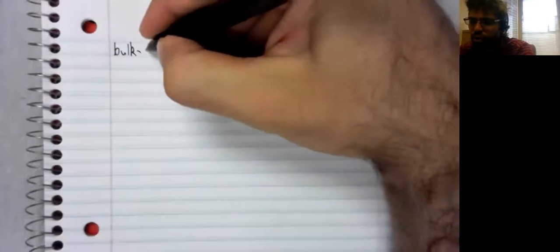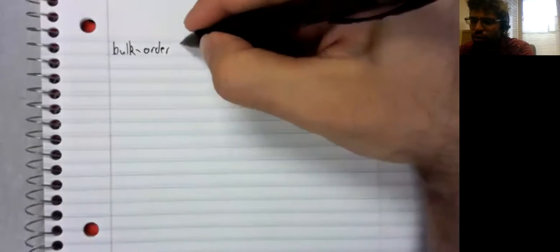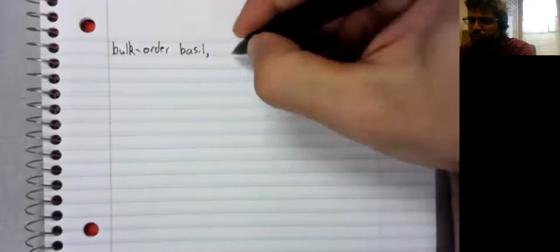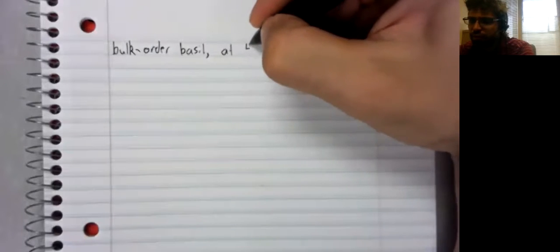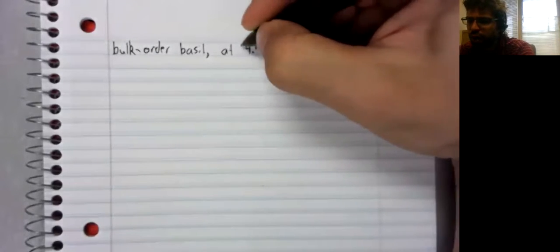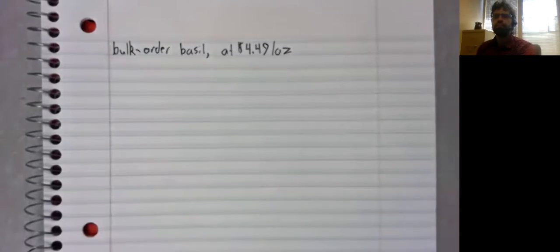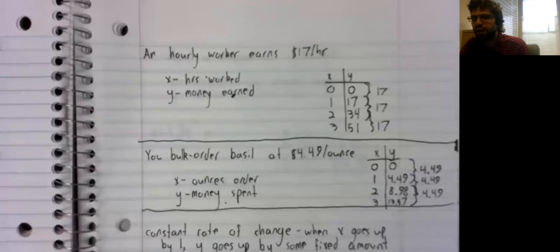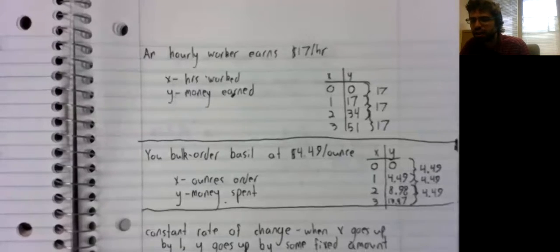You bulk order basil at $4.49 per ounce. And the last time I considered this example, let me see if I can find it. Here we are. We did not consider shipping and handling.